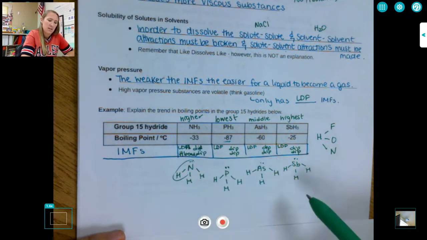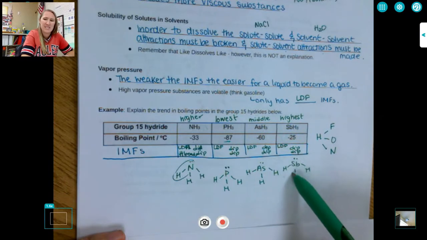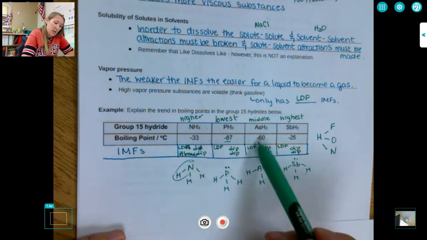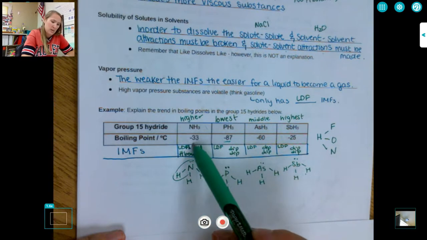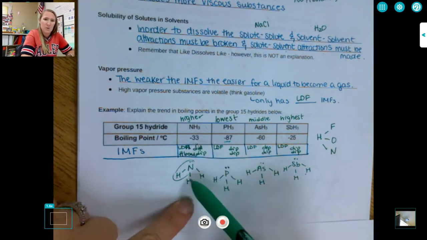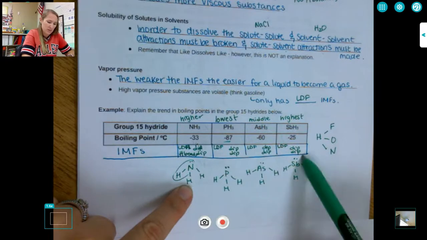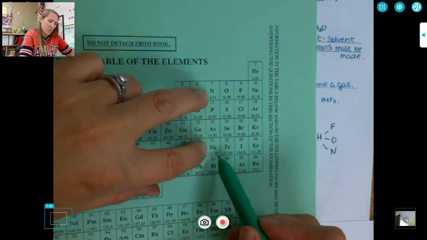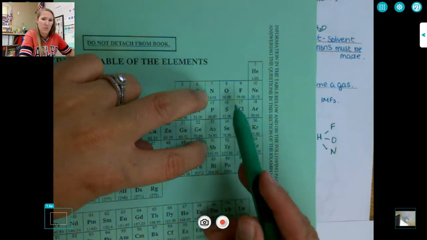So the other thing to think about is, what is different about this molecule compared to this one? This one falls in the trend, right? Of these three, this one has the highest. That makes sense. But then what's the big difference between this molecule and this molecule? Well, on the periodic table, we can see that between nitrogen and antimony, Sb has 5 rings, whereas nitrogen only has 2.